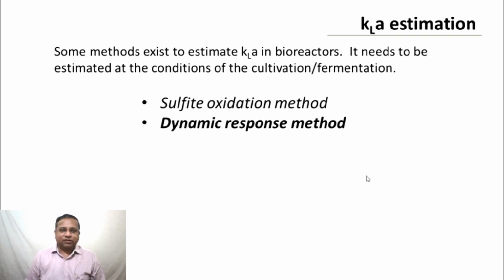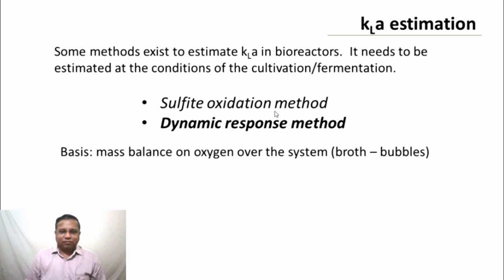There are two methods, both equally old. One is the sulfite oxidation method for KLa. The other one is called the dynamic response method, which is the most preferred. So, this being an introductory course, let us talk about this most common method, the dynamic response method.